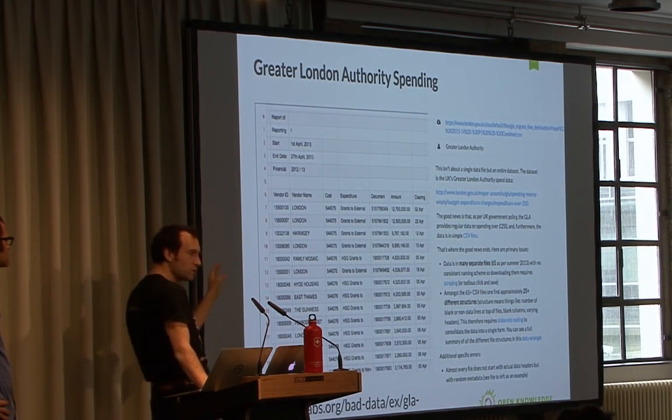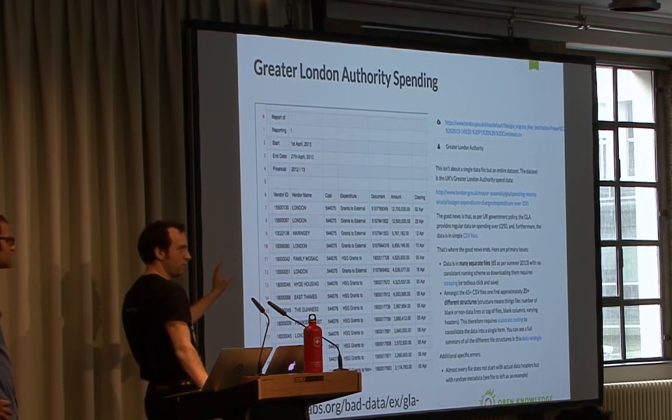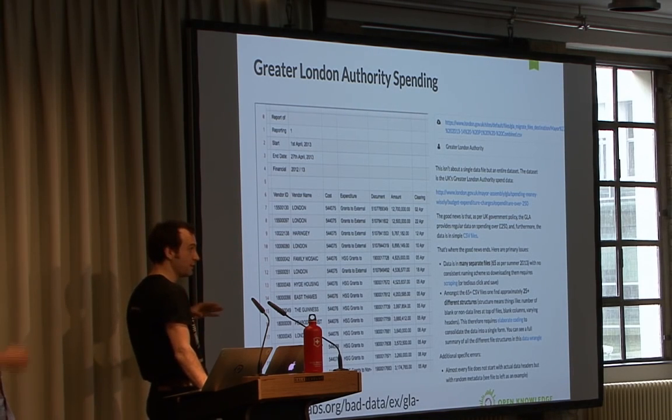So somewhere in London government, some person who's probably not that technical, each month does an export from SAP, probably even to Excel, maybe does something, saves it from Excel, and then puts it on their website. Maybe they've automated some of that.